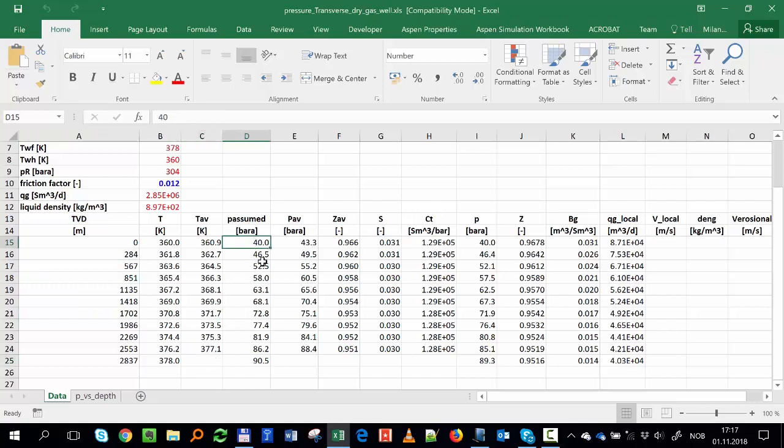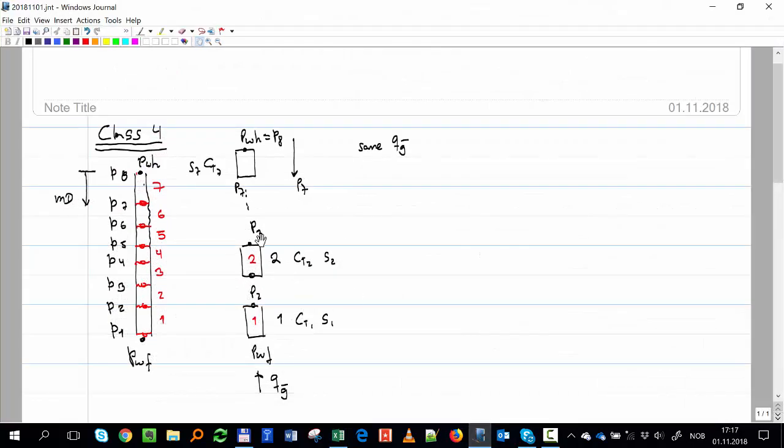Now, about pressure, to calculate the C average, I need a pressure. And I don't have any idea, that's what we want to calculate. But if you remember, when we analyzed the whole tubing, we said, well, pressure we can assume because it doesn't affect this constant very much.